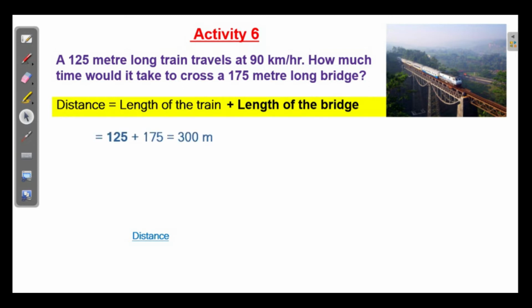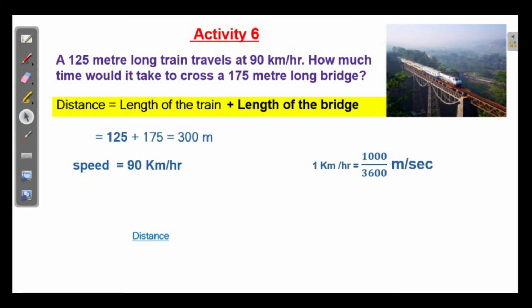So, that is 125 plus 175 is equal to 300 meter. Speed is equal to 90 kilometer per hour. Then 1 kilometer per hour, we have to change it into meter per second. Why? Here the length of the train is given in meters.